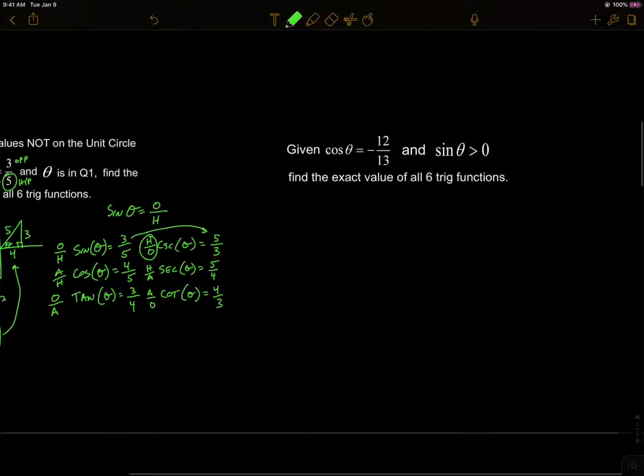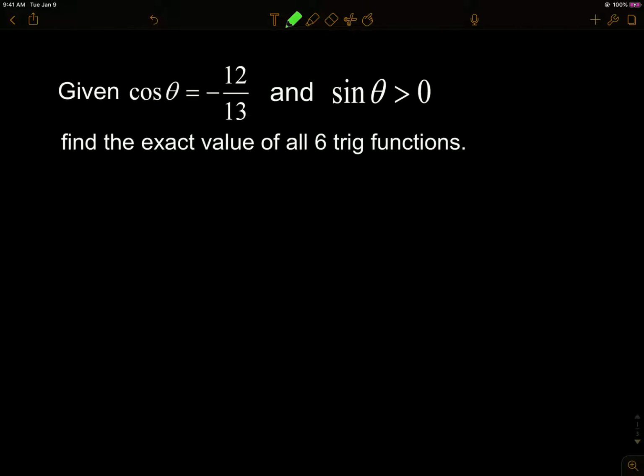All right? So let's look at another one. If you know that the cosine of theta is negative 12 over 13, so when I try to draw this thing, they don't tell me what quadrant, but I can narrow it down. I've got some angle, and one of the legs of the triangle is 12.